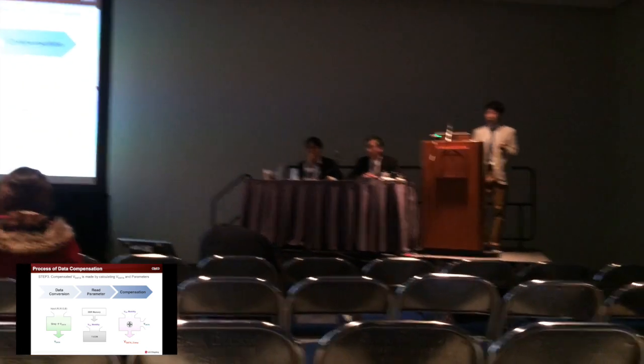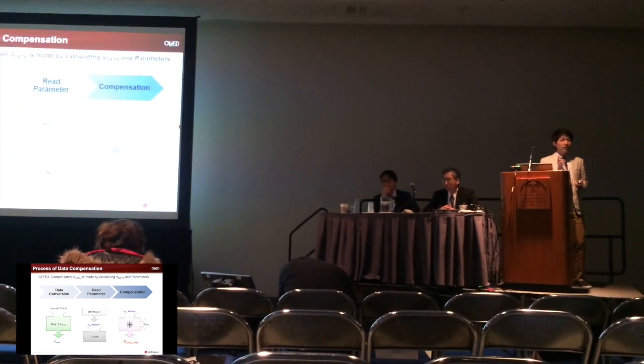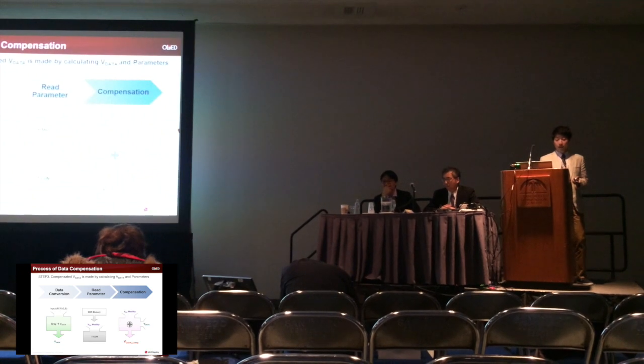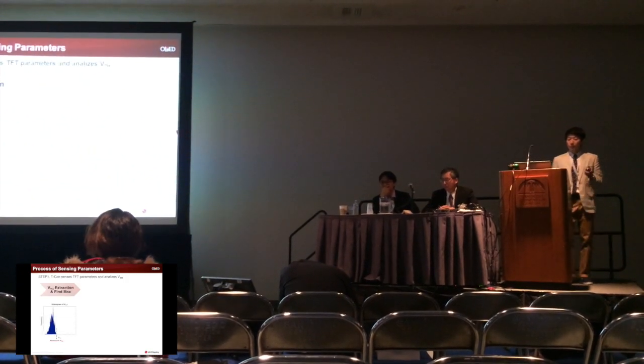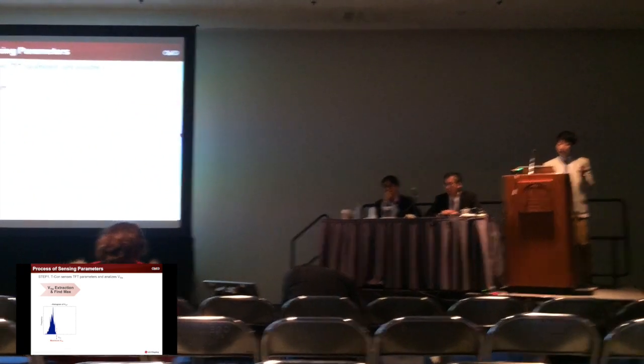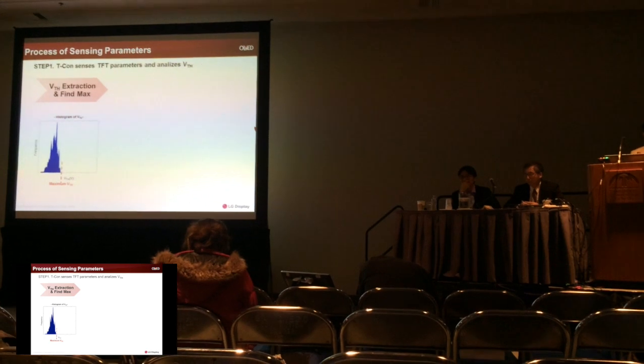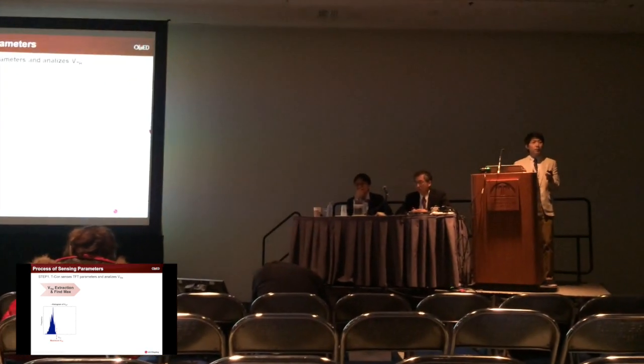Then, how can the DDR memory get these parameters? The solution is on the next page. For getting TFT parameters, there are 3 steps in the sensing parameters process. Step 1, VTH extraction and find the maximum VTH.